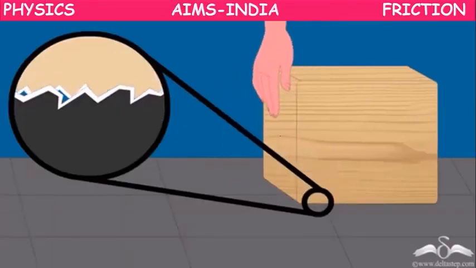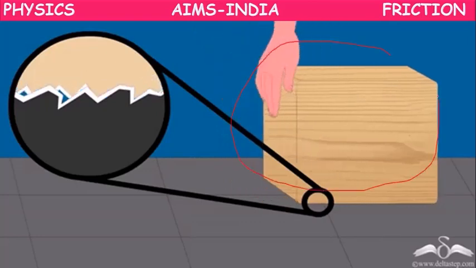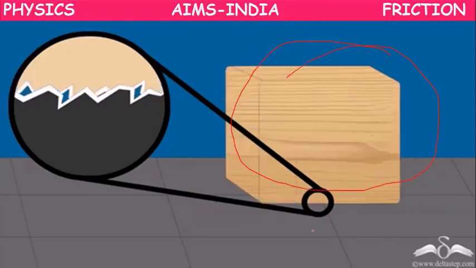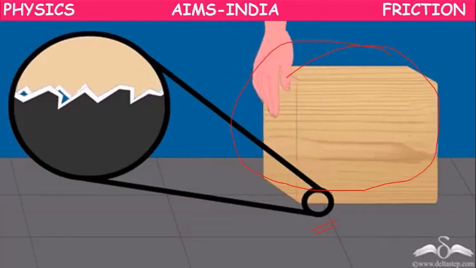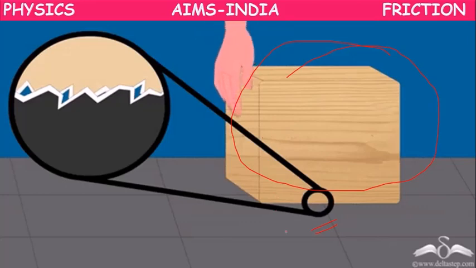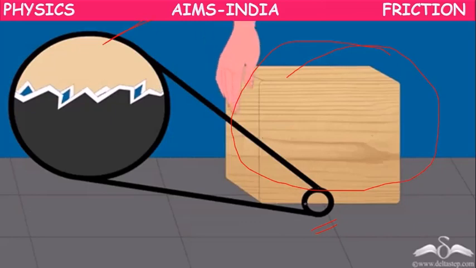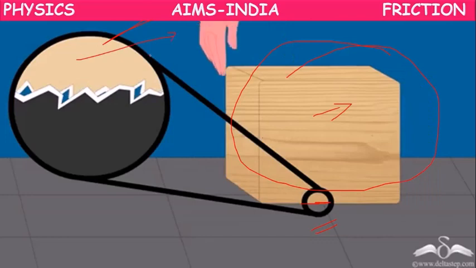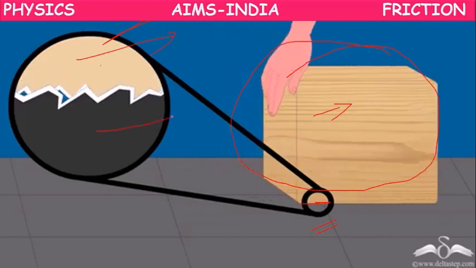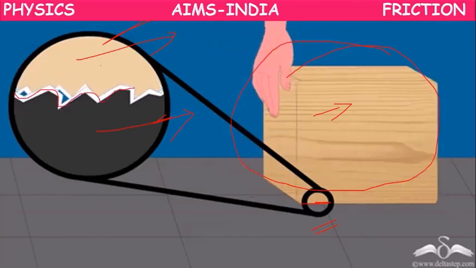So next challenge. If you observe this, you are trying to push or pull a block on the floor. Take the microscopic view of this situation: this is the surface of the block, this is the surface of the floor, and this is the surface area in contact.